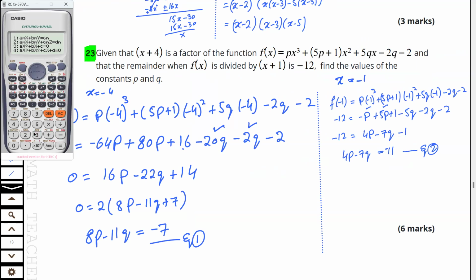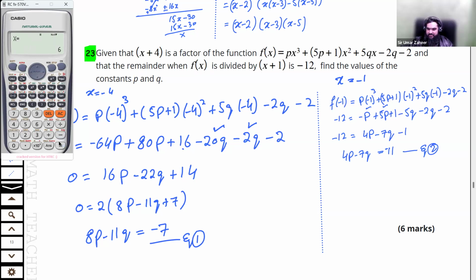So plus 12 minus 1 is 11, not minus 11. I will take minus 1 to the other side, not minus 12. 4p minus 7q is still there. Okay, so 8, minus 11, minus 7, 4, minus 7, minus 11.